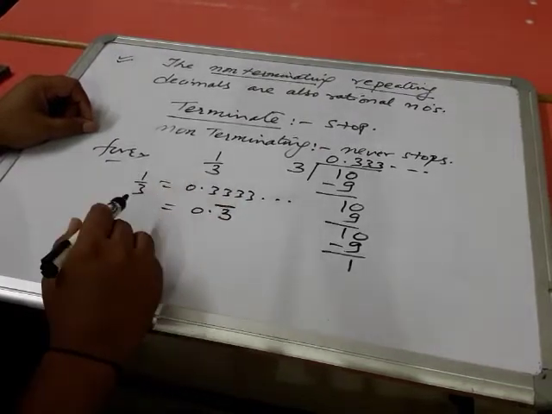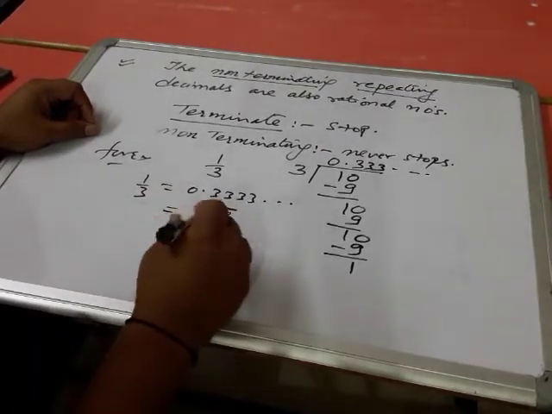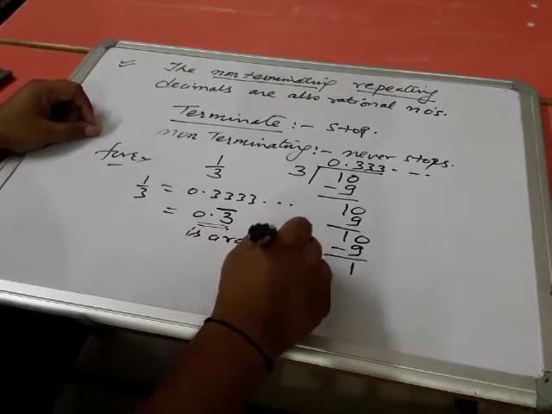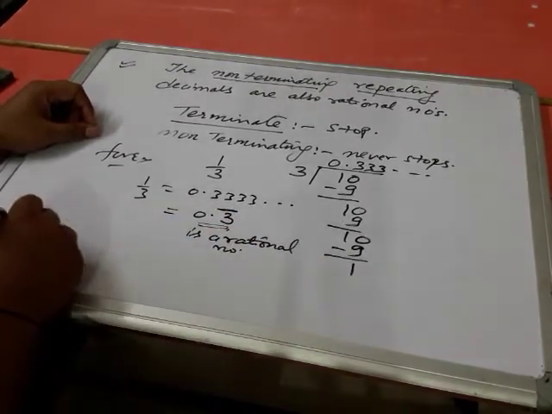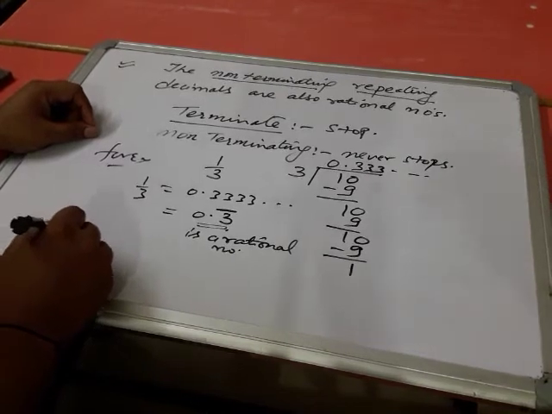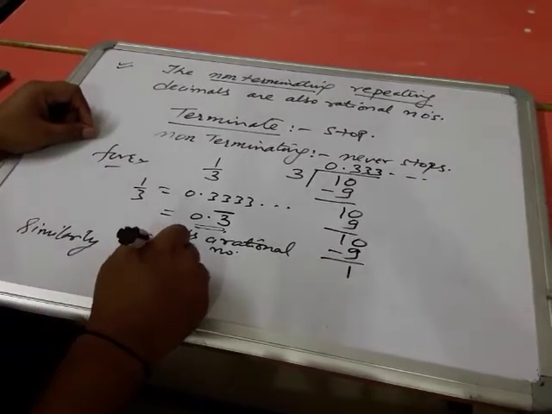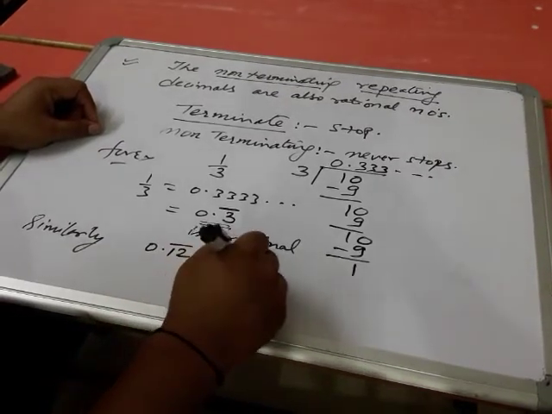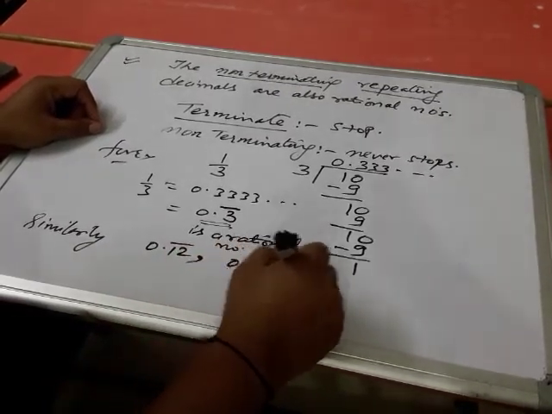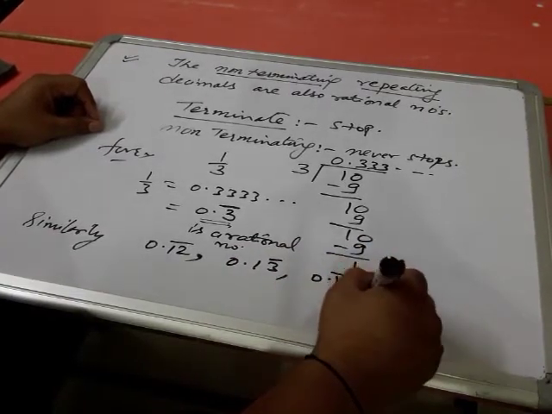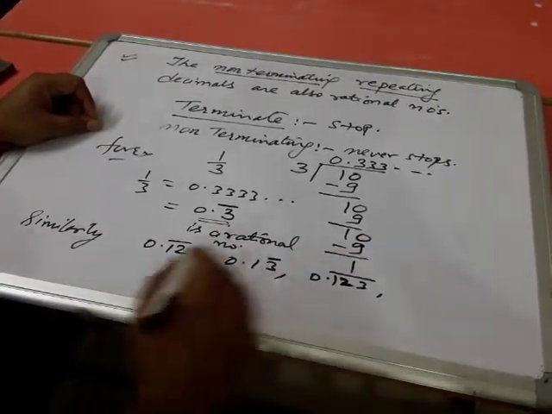It goes on repeating. So 0.3 bar is a rational number. Similarly, we can take 0.12 bar or 0.13 bar or 0.123 bar.